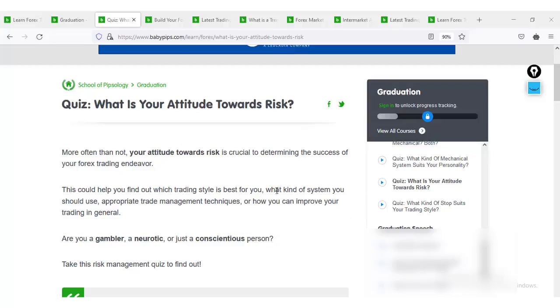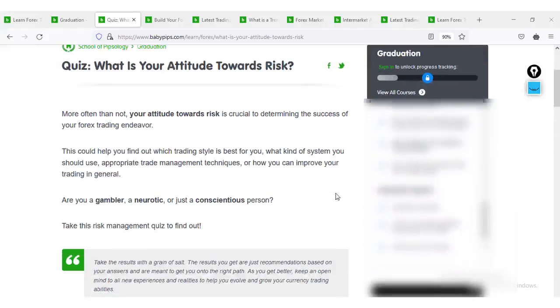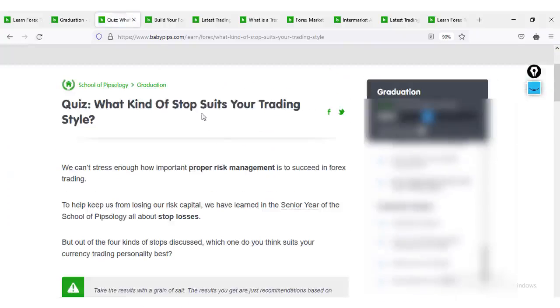So I'm going to go through the next quiz now, which says what kind of stop suits your trading style. Here we are. We can't stress enough how important proper risk management is to succeed in forex trading.